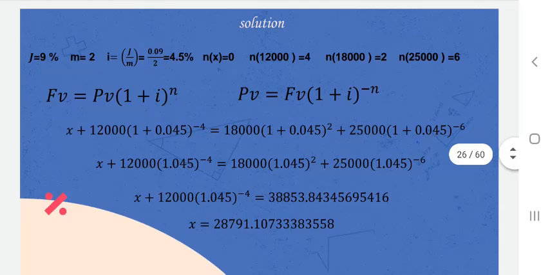By substituting, you can get X, which is equal 28,791.